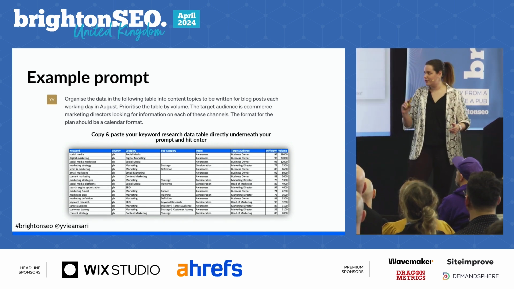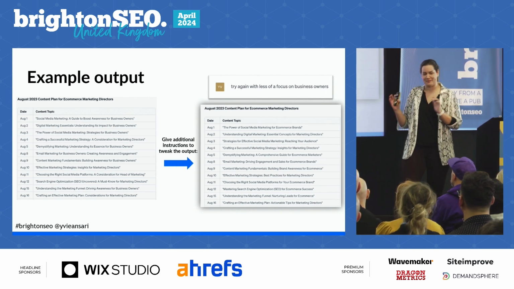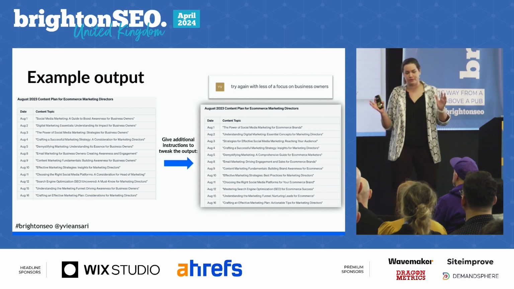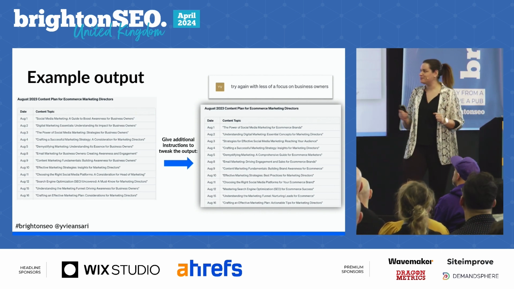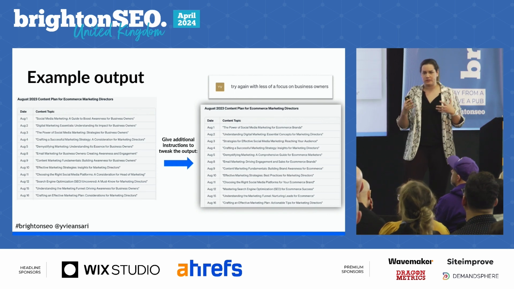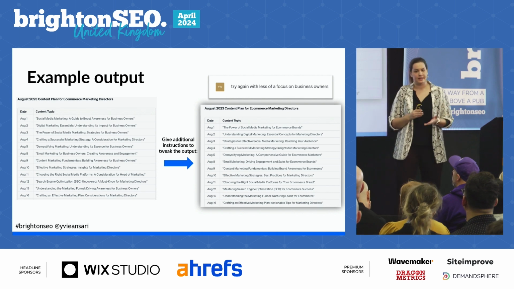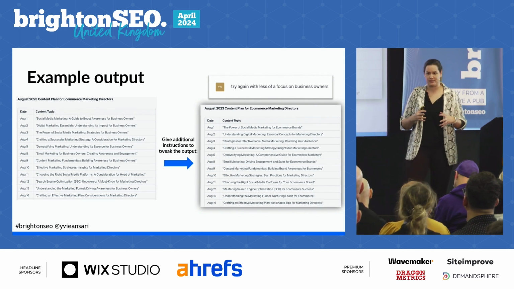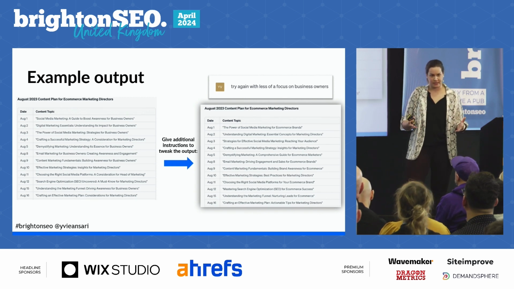Now, for those of you who really paid attention, you will have noticed I made a mistake there, because I gave it 2 target audiences, which of course confused it. So this is what you want to check. What we came out with first is it took away loads of information for business owners. That's because within the data, I had some business owner target audiences, whereas I told it in the prompt to only look at marketing directors.